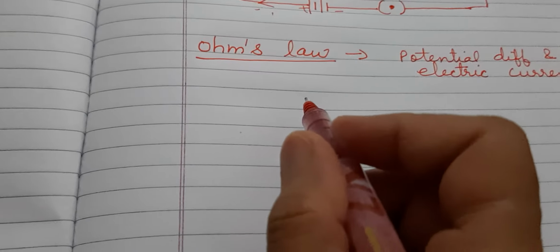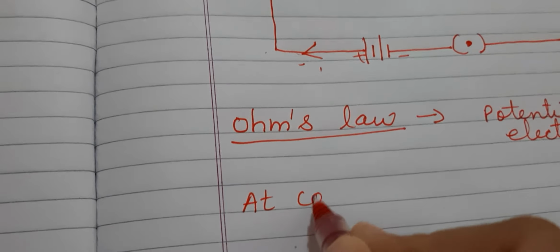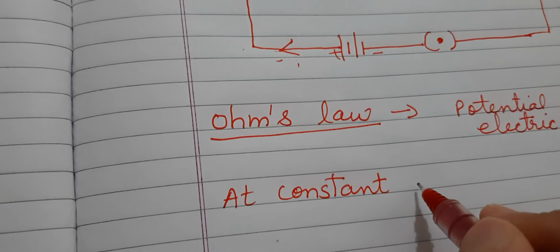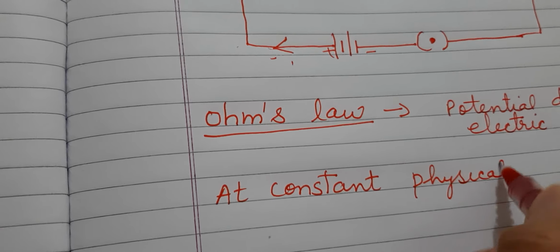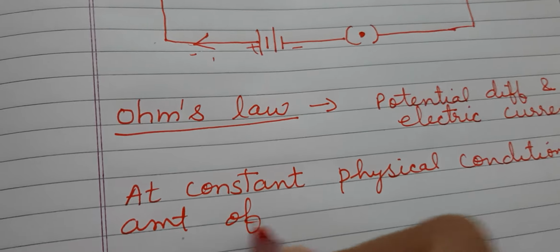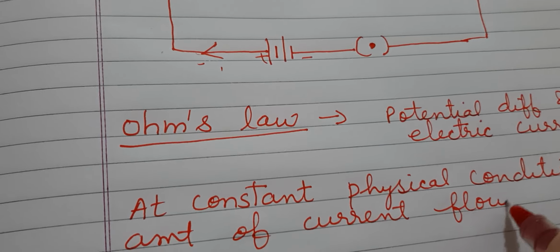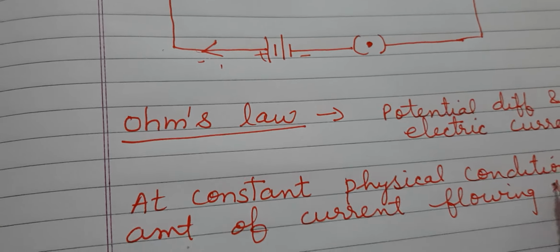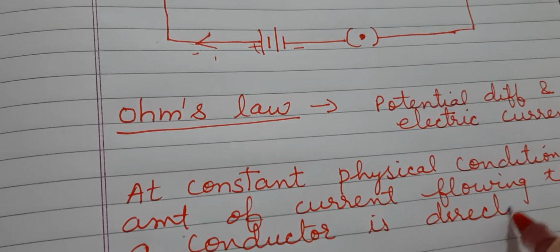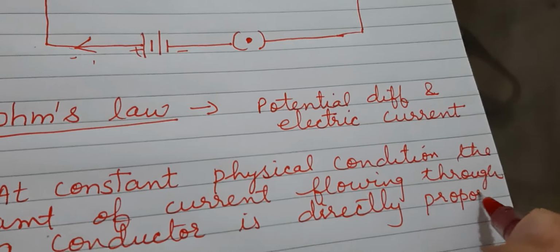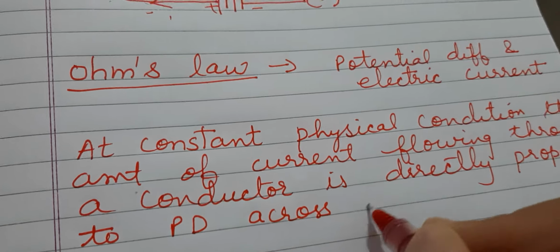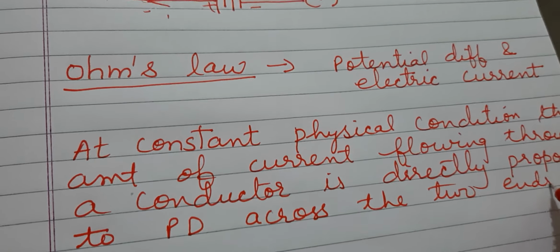According to Ohm's law, at constant temperature, or rather at constant physical conditions, these physical conditions can be temperature, pressure, the amount of current flowing through a conductor is directly proportional to the potential difference across the two ends of the conductor.